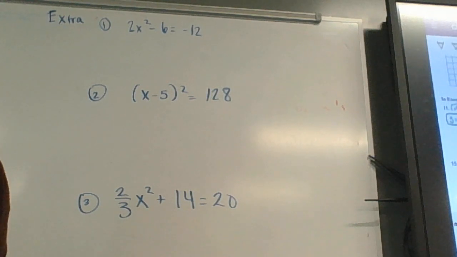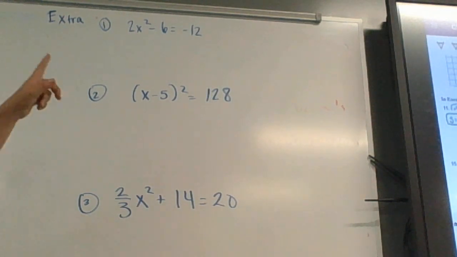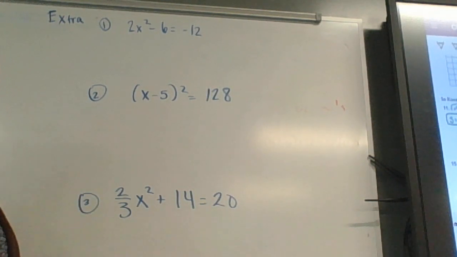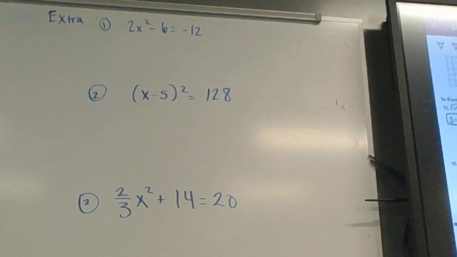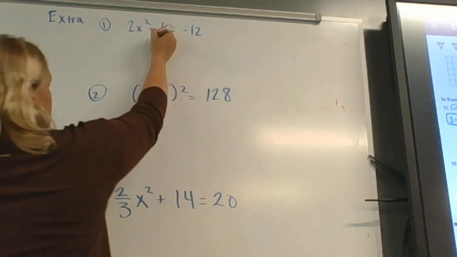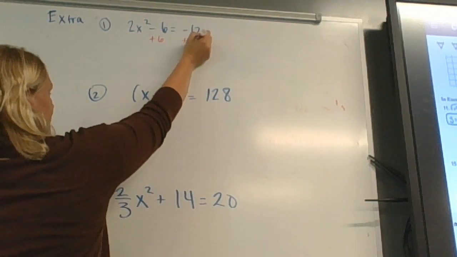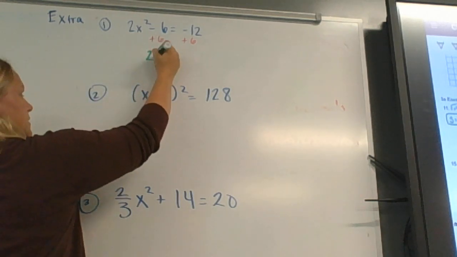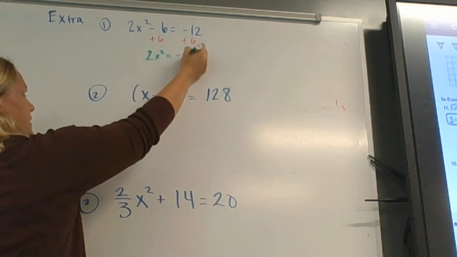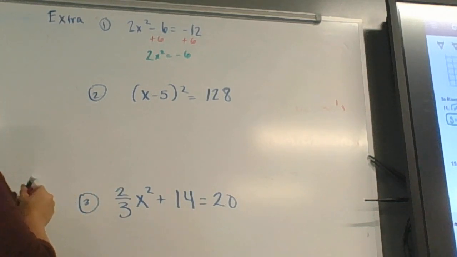You did it. Alright, number one here. Maybe try number 2, maybe try number 3, maybe did all of them. First thing I gotta do here is add 6. And I would get 2x squared equals negative 6.